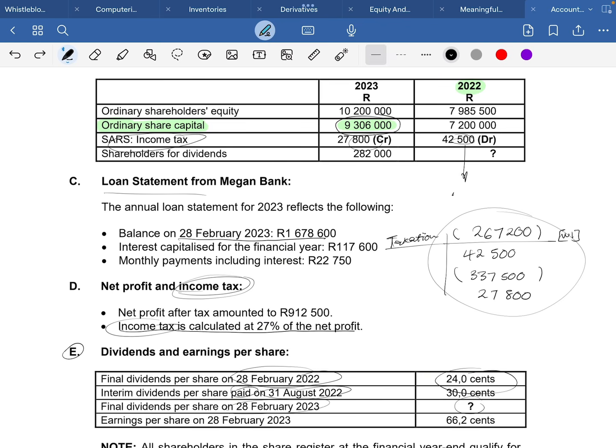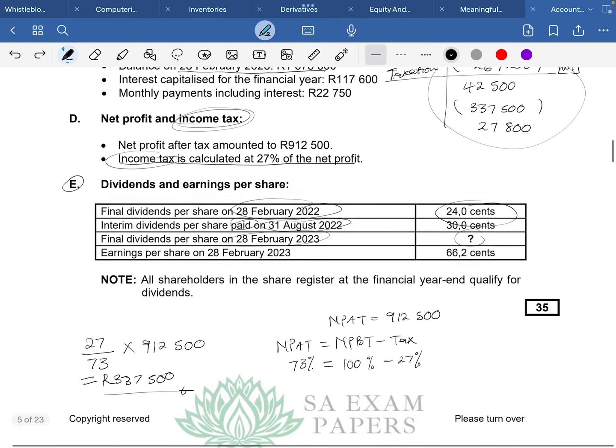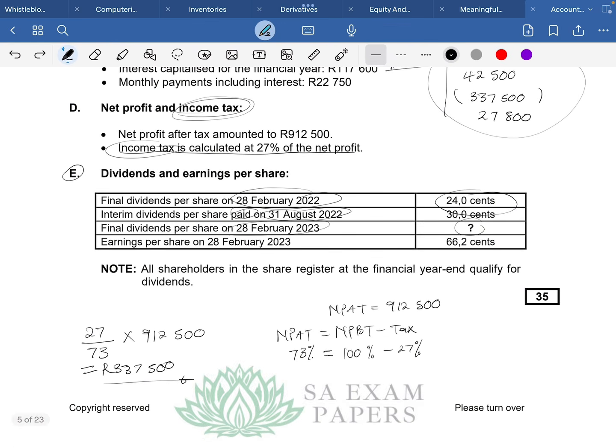Interest capitalized for the financial year is 117,600. Then we're making monthly payments including interest of 22,750. Okay, so we have information on the loan, but I suggest we start with the shares because they're already issued, so we can just calculate this.